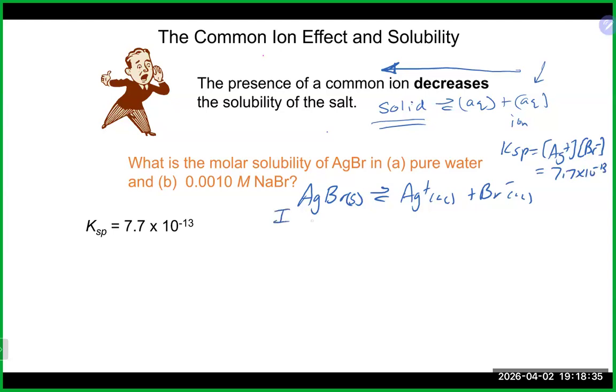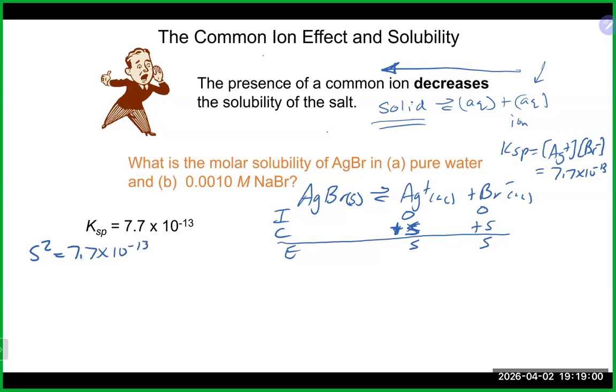Putting in our ICE table here, 0 and 0, change minus x, plus s and plus s. That's going to give us at equilibrium s and s. Put in our numbers in there. That's going to give us basically s squared is equal to 7.7 times 10 to the minus 13.